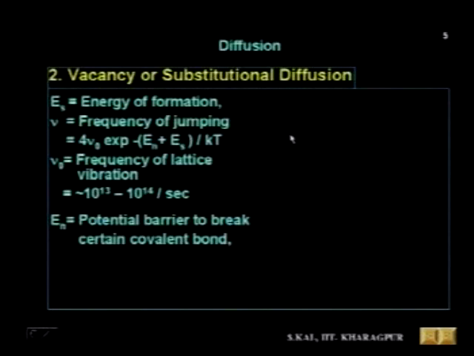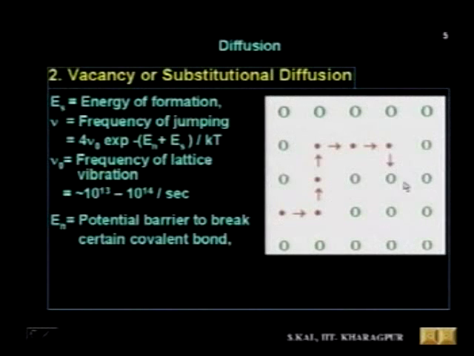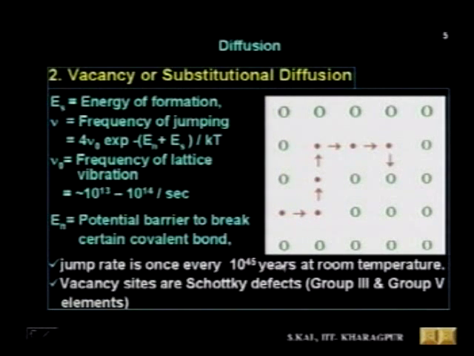The next mechanism is known as the vacancy or substitutional diffusion mechanism. That is shown here in this diagram. For this vacancy or substitutional diffusion to occur, you have to create certain vacancy sites.